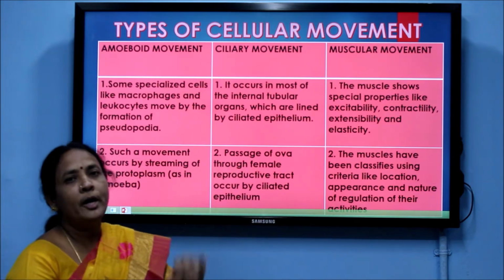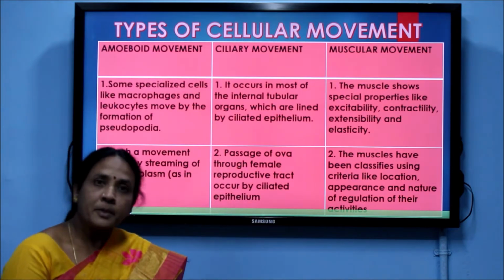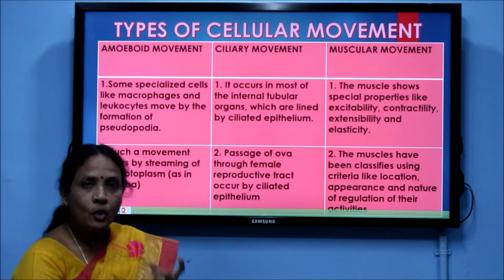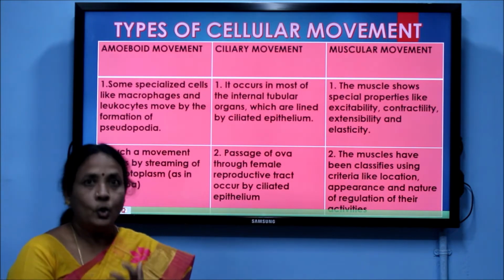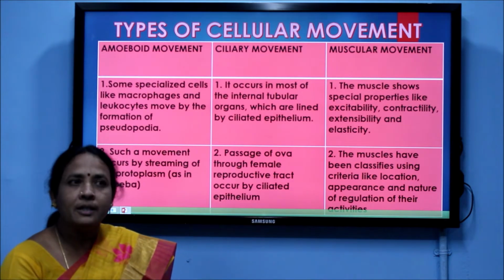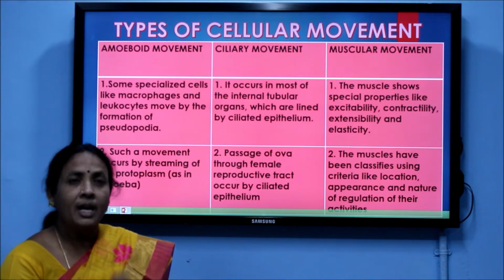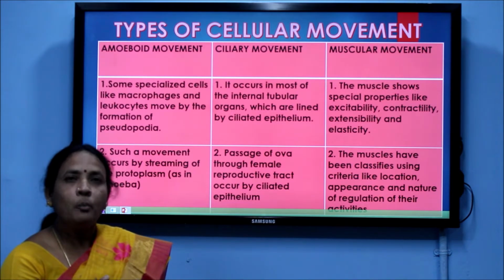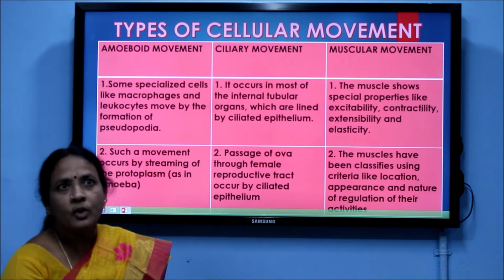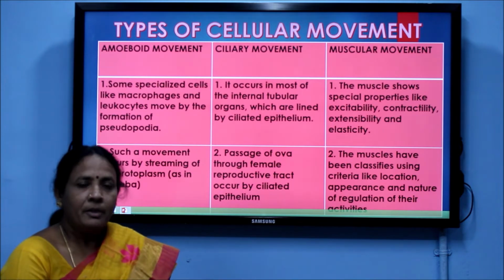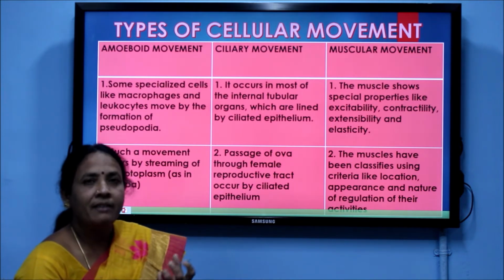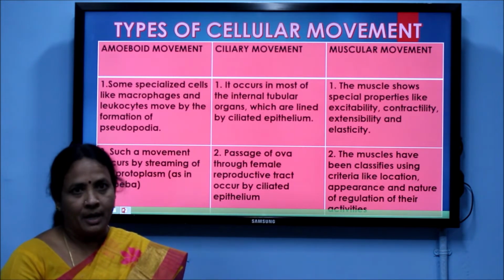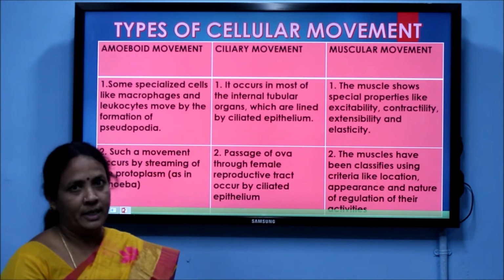Coming to amoeboid movement, some specialized cells in our body like macrophages and leukocytes show amoeboid movement. How does this take place? The protoplasm pushes towards one side, so that part will bulge and look like the pseudopodia of an amoeba. That is said to be amoeboid movement.